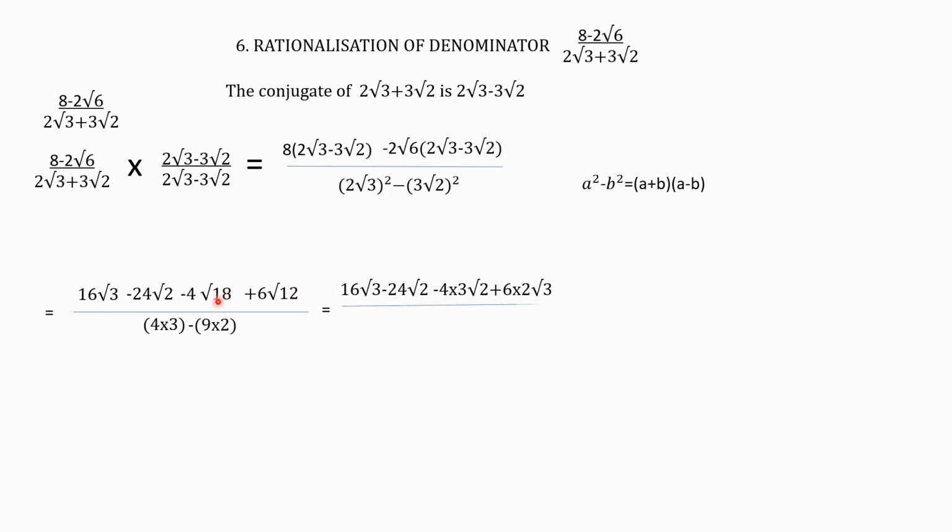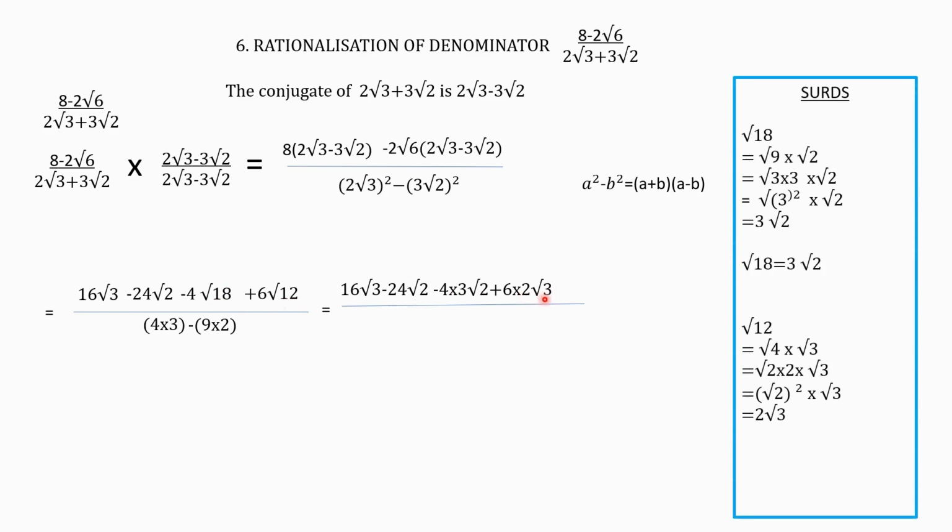You must have noticed the change in expression of root 18 and root 12 into root 2 and root 3 form. To understand this, root 18, we know root 18 as root 9 into root 2. Now, 3 into 3 equals 9, hence 3 square.